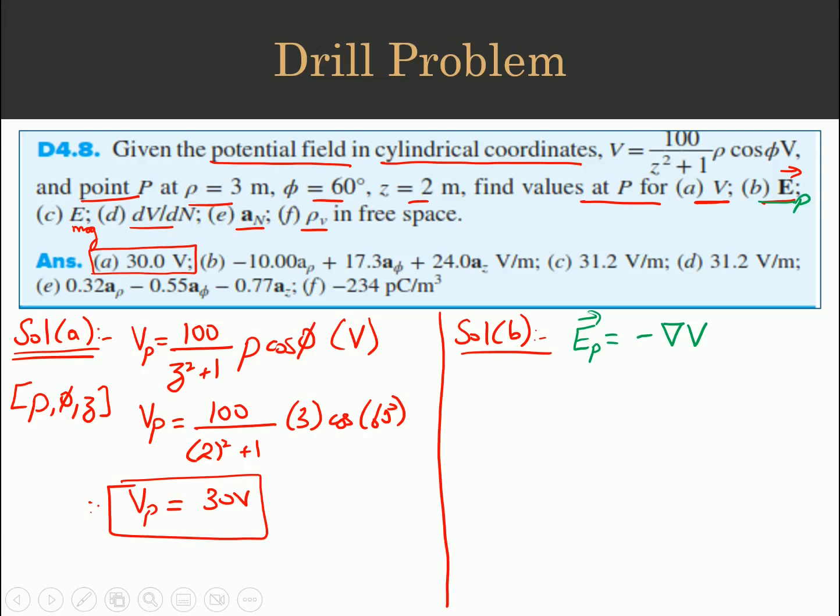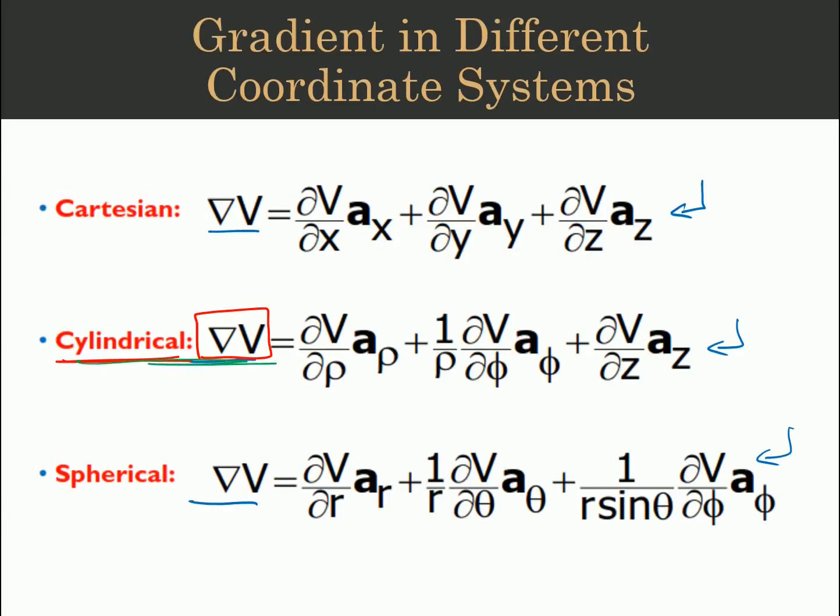In order to do this, let us first figure out what is del V over here, or the gradient of V. Since this is a cylindrical coordinate system, our value of del V will be this one.